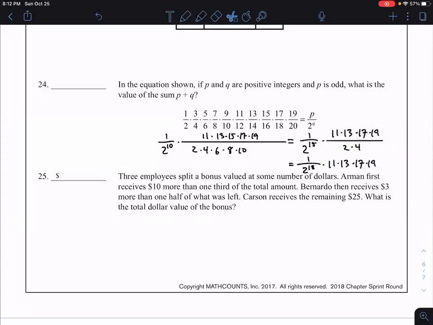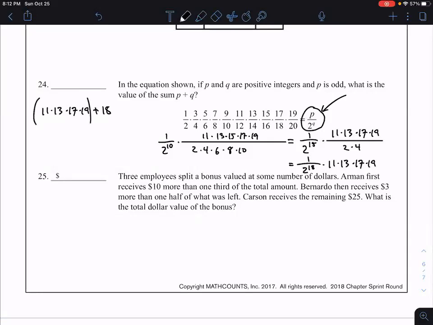So now we have made this fraction into this form. Basically, this thing is the P, and then the 18 here is the Q. So we want the sum of P and Q. So basically we want all of this plus 18.